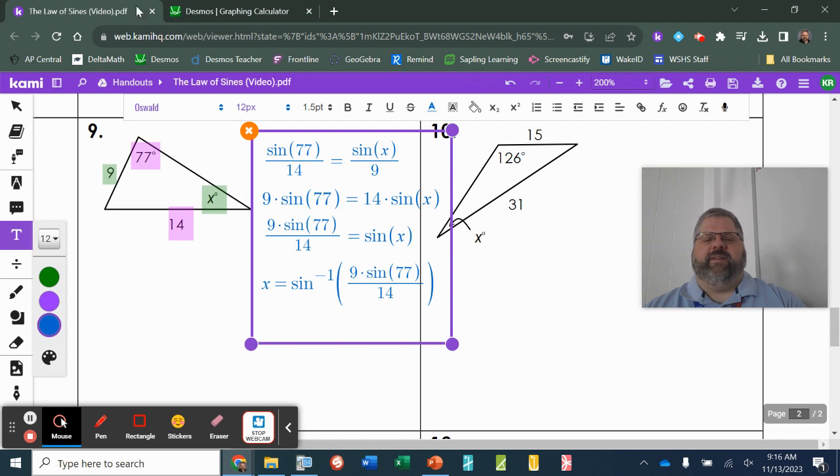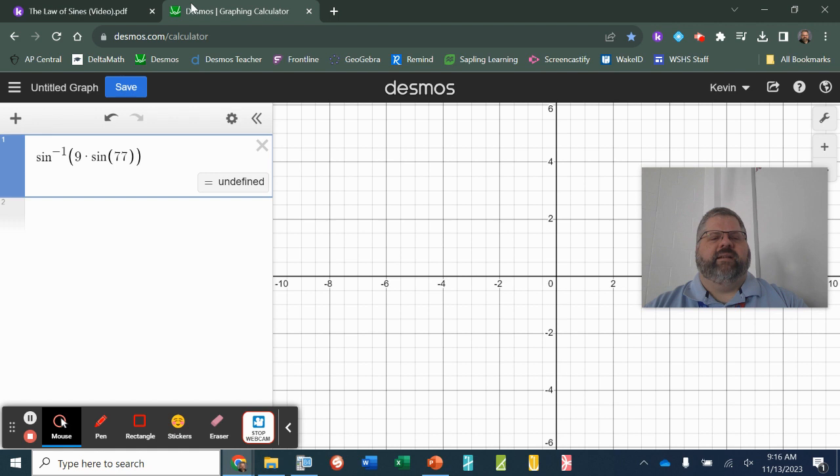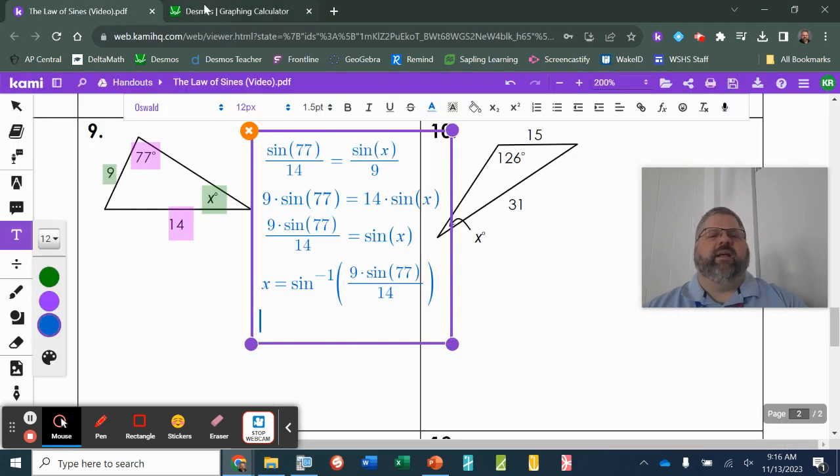Then we're going to put the rest of it in: 9 times sine of 77. And then I want it all divided by, not just part of it, so let me highlight it here. We're going to divide this whole thing. It is equivalent, but I like to put it all in there. And I believe it was 14. Let me double check. Yes, 14.